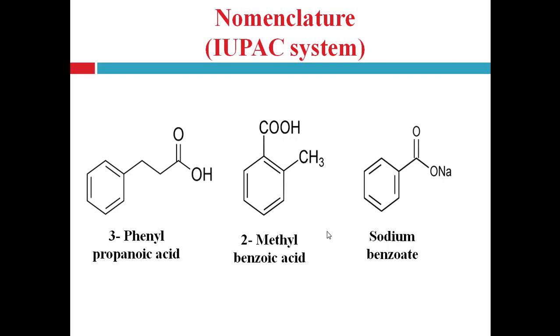So here also benzoic acid is considered as the basic structure, and on this benzoic acid ring a methyl group is present, right? And this methyl group is present at the second position or ortho position to the carboxylic acid, because the carbon which is attached directly to the carboxylic acid group gets the first number.